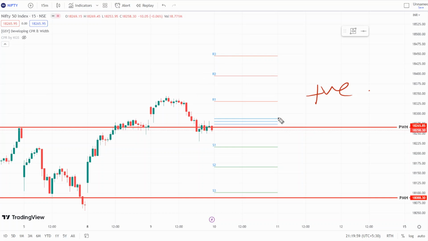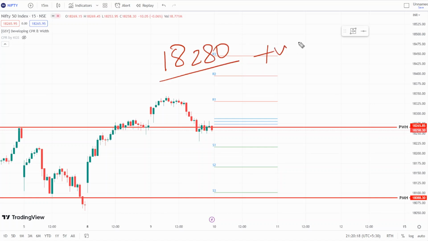This is the daily CPR. So I'll just write it down on the screen so it will be easier for you to understand. If the Nifty candles are sustaining above 18,280, we can see some positiveness in Nifty for tomorrow.